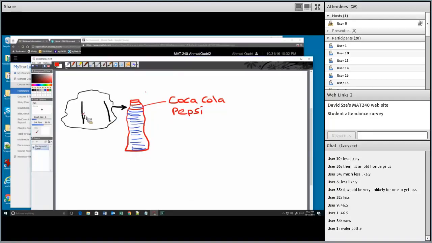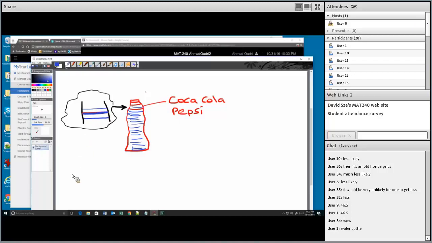Say this is the optimum level they want to fill it at. This is the optimum level that the machine is programmed to fill the bottle. But because the machine is not perfect, sometimes it will go up, sometimes it will fill less. Sometimes it will overfill, sometimes it will underfill. But most times it will try to hit the mark.